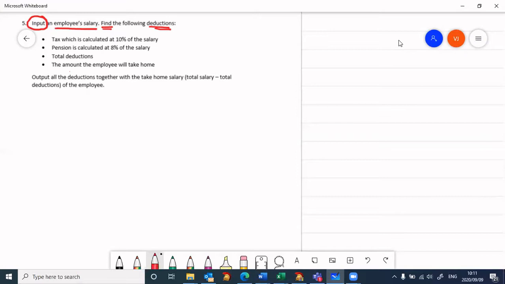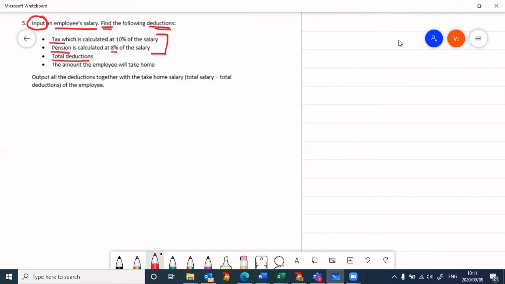So we have a tax, which is calculated at 10% of the salary. We have something called pension that the employee will pay, and that is 8% of the salary. We then need to find the total deductions. The total deductions are these two values here. We need to add them up to get the total. These two form the deductions.